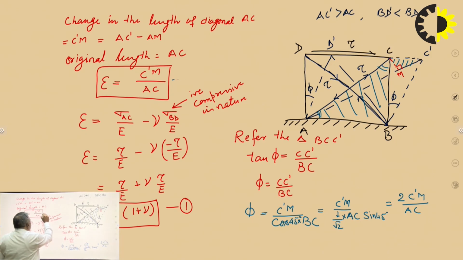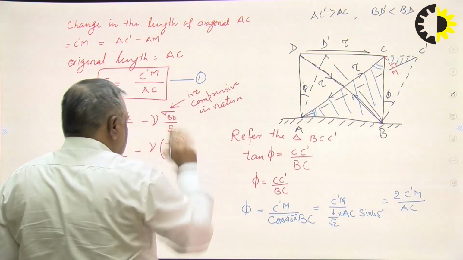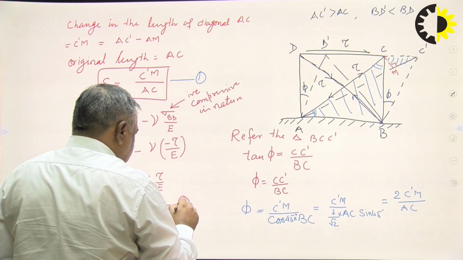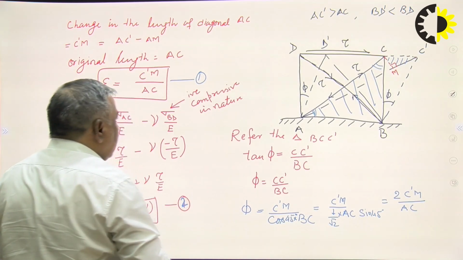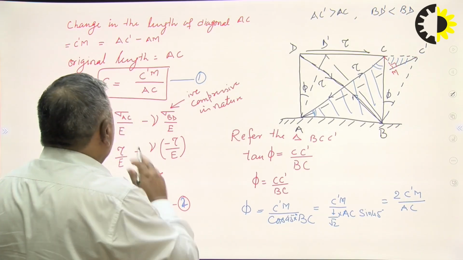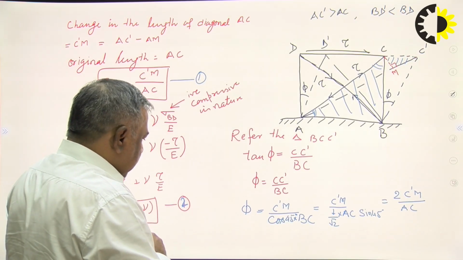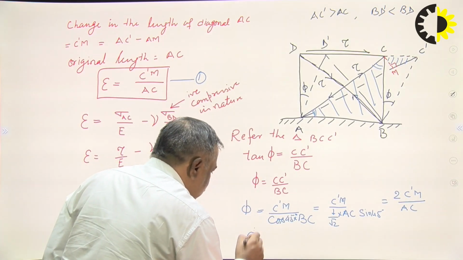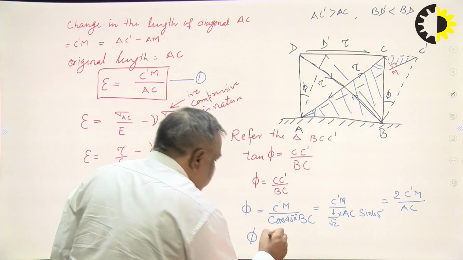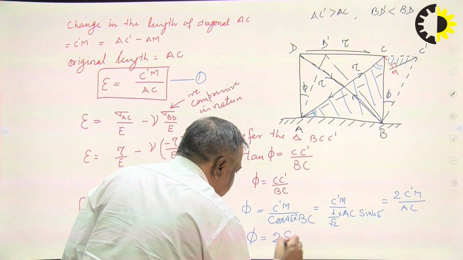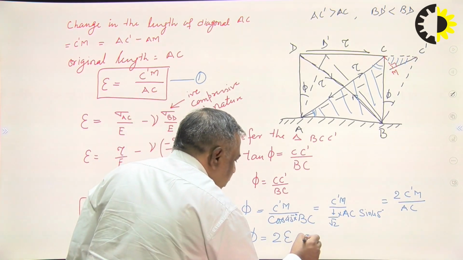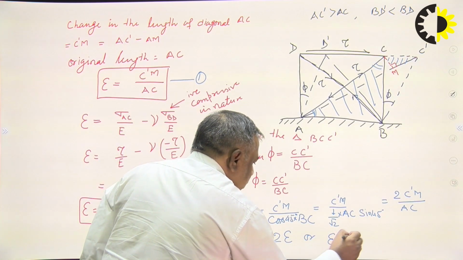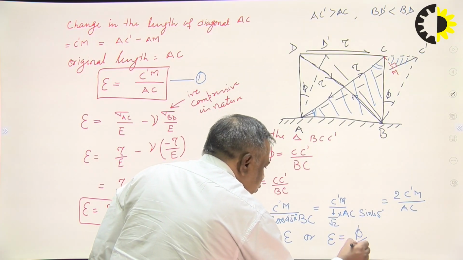Now this is equation number 1, and this is equation number 2. Change the equation number. From equation number 1, what I have obtained here, phi is equal to 2 times epsilon, or epsilon is equal to phi by 2.